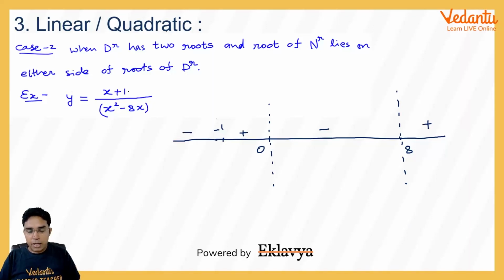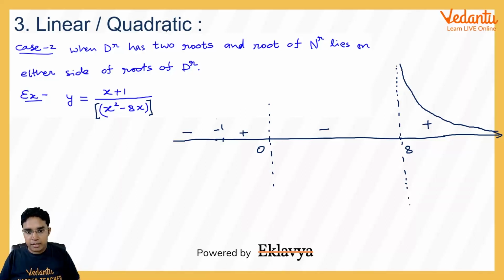Now at 8 the function is not defined, but on the right it will become plus infinity, because the denominator is approaching a very small value and the numerator is a finite value. And because the denominator is quadratic and the numerator is linear, as x approaches infinity, it will approach towards 0.